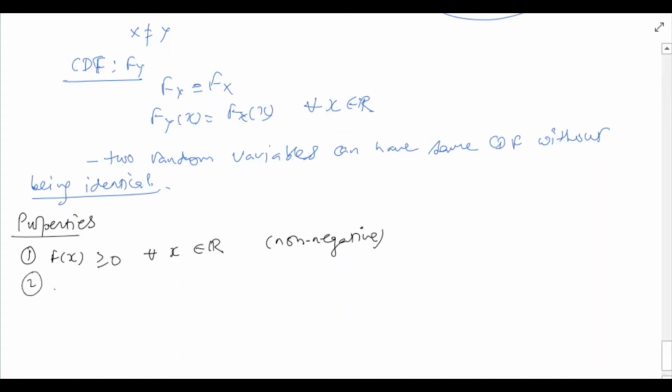The second property is, if x1, x2 are real numbers such that x1 is less than or equal to x2, then F(x1) is less than or equal to F(x2). That is, CDFs are monotonically increasing.